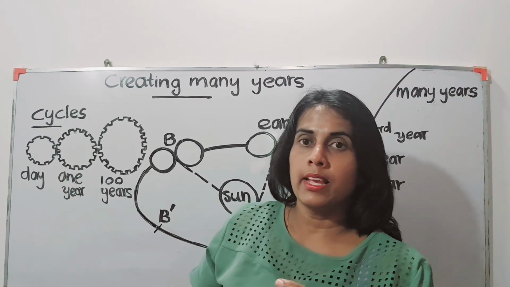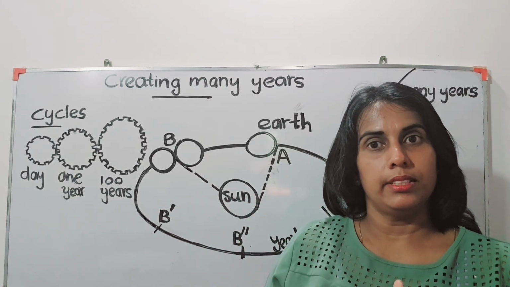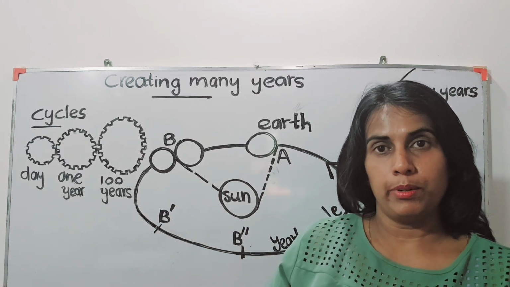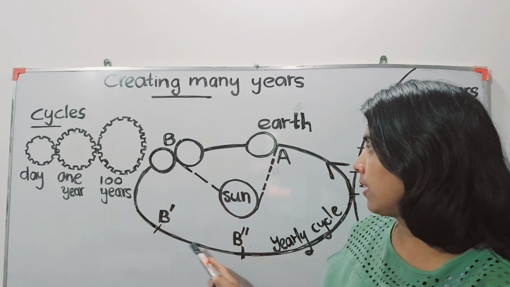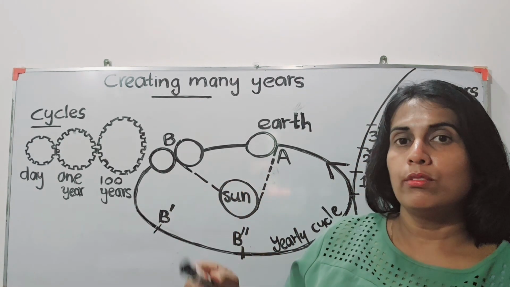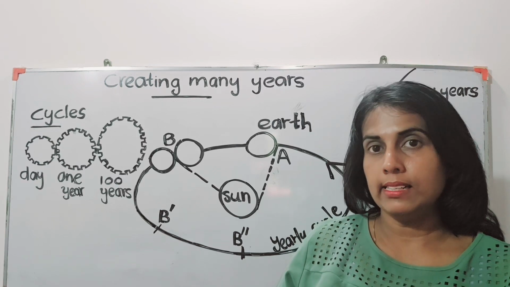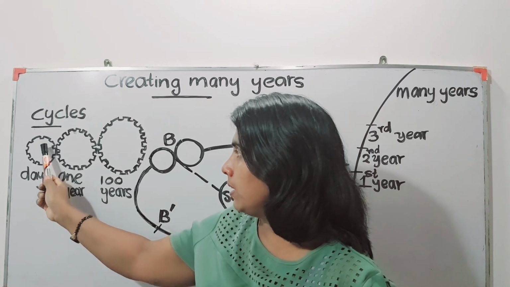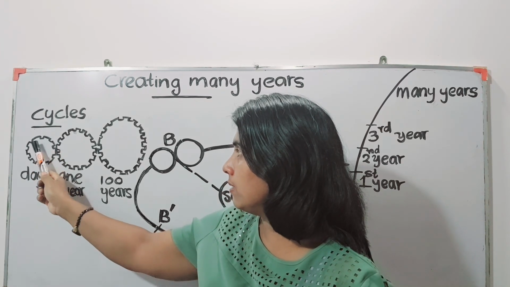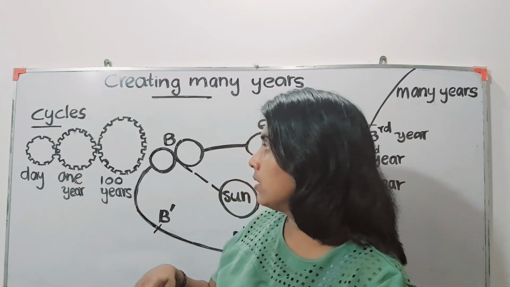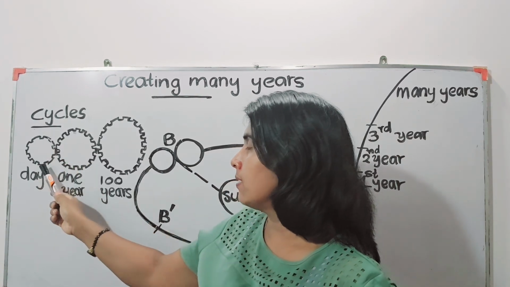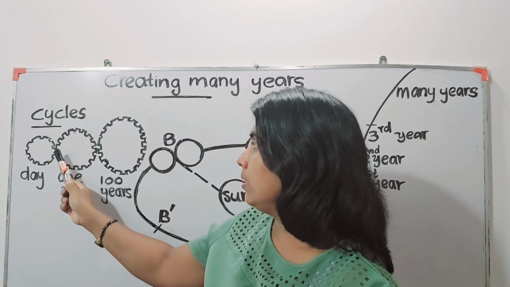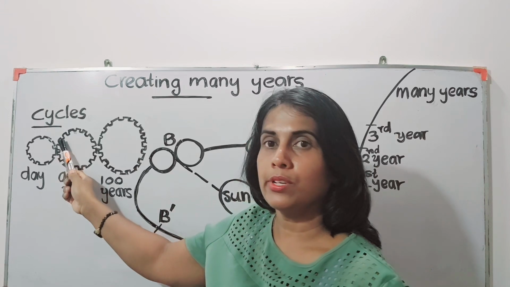Similarly, now let us try to understand how the years increase. As the days pass, the cycle of the year also should be changed yearly. We can figure it out this way: when we consider this as the cycle of days, when this completes one cycle, the cycle of 1 year is completing only a small portion, right?